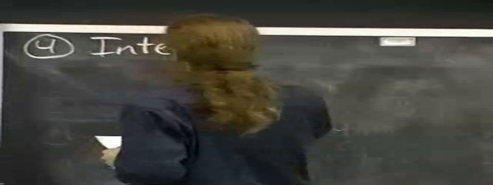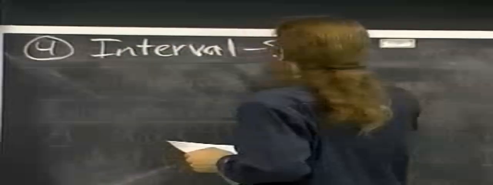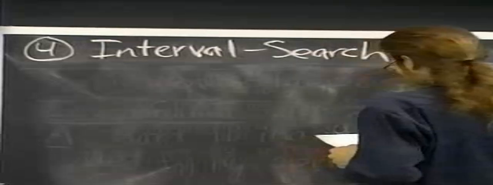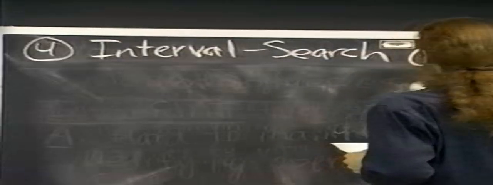So this will be called interval search. Let's say you give me an interval I. Usually I is an index, but for this part of the lecture, I will be an interval all the time.